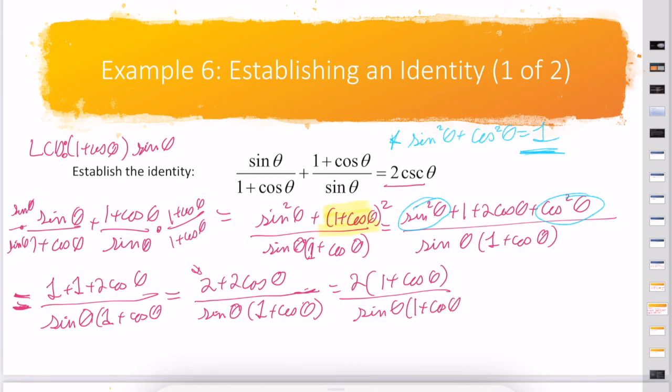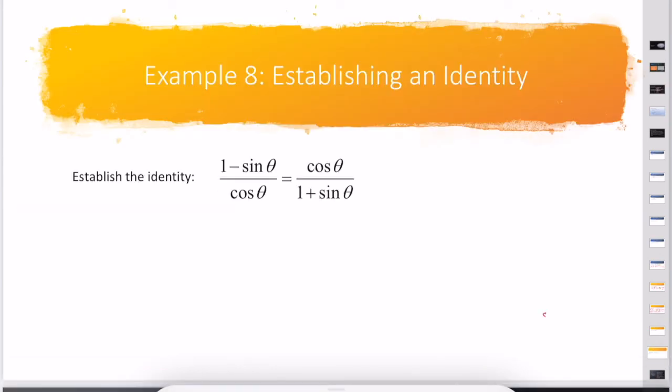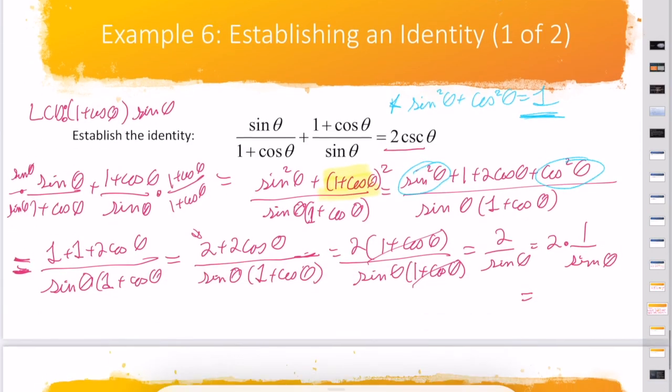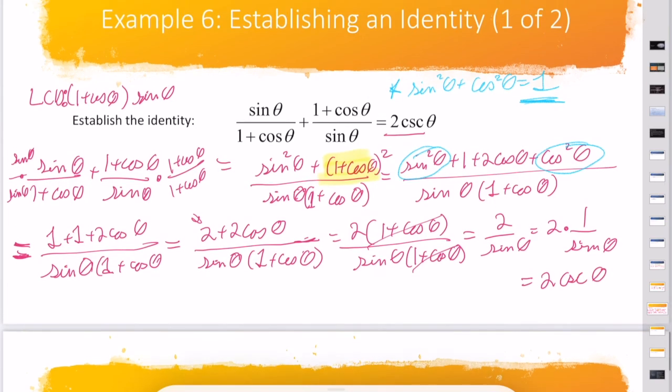Ooh, my 1 plus cosine theta terms now cancel. So I have 2 over sine of theta. Well, let's remember that this can be written as 2 times 1 over sine of theta. What's 1 over sine of theta? Cosecant. So I have 2 cosecant theta. Final answer.